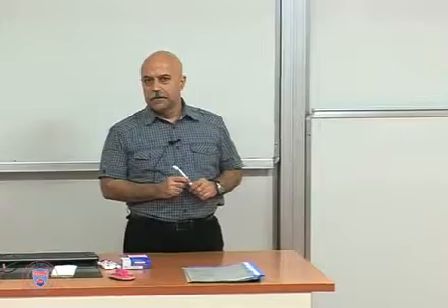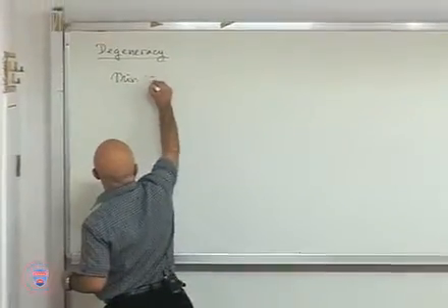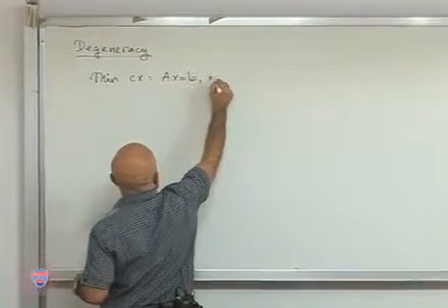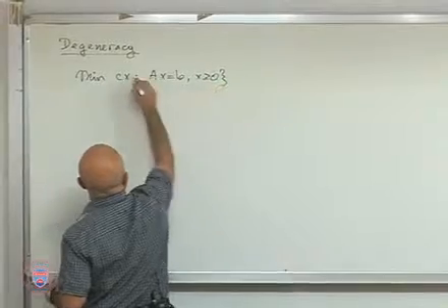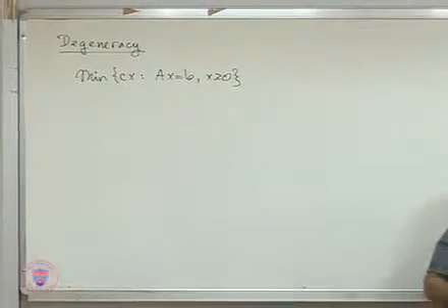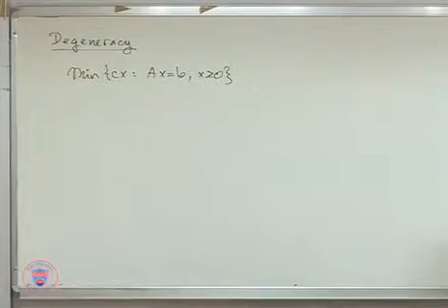For the case of standard form linear programming problems, where you are, say, minimizing Cx subject to constraints of the form Ax equals b, x greater than or equal to 0, where A has, say, m rows and n columns.